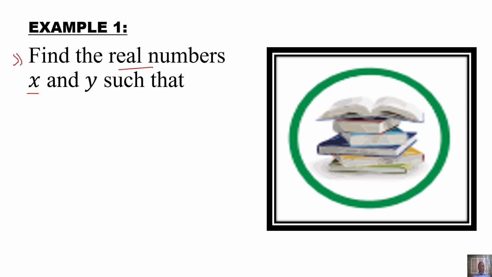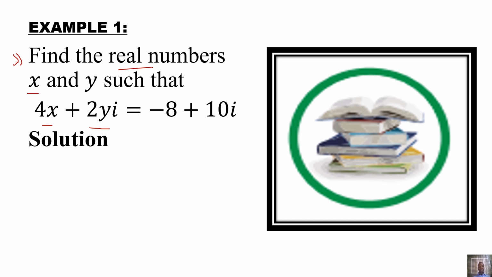Find the real numbers x and y such that 4x plus 2yi equals minus 8 plus 10i. We have to solve the equations obtained from real parts and imaginary parts.